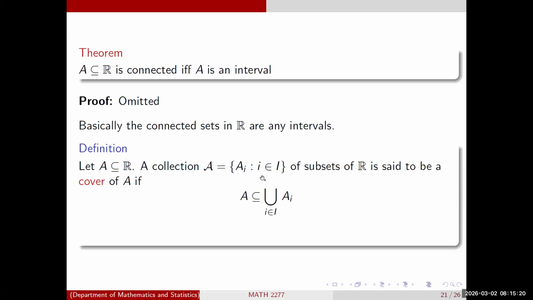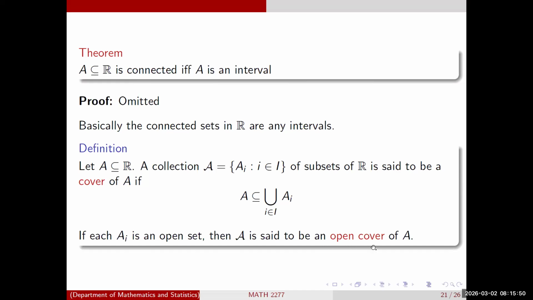It's just any collection of subsets of R. This collection is said to be a cover for A if A is contained in the union of it. Now, if every single one of these A_i is an open set, then we say that the cover is an open cover.